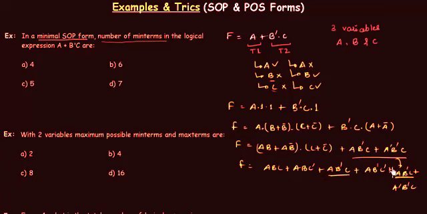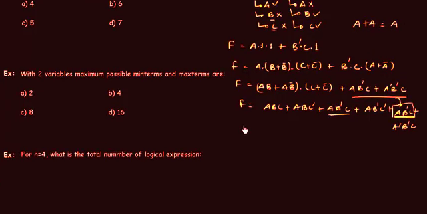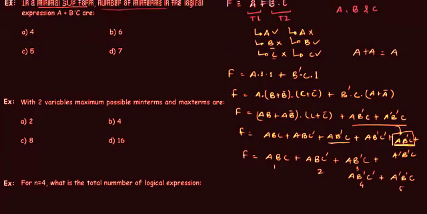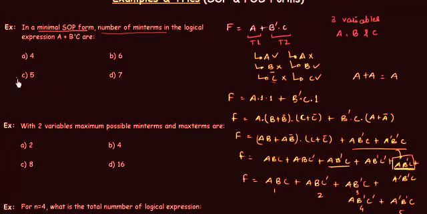So we will eliminate this AB complement C. There is no need to write it 2 times because you already know A or A is equal to A. So we are using this property of Boolean algebra, and finally we will have our canonical form as ABC or ABC complement or AB complement C or AB complement C complement, and finally A complement B complement C. So how many minterms are there? 1, 2, 3, 4, 5. So we have 5 minterms in the canonical form, and the answer is option number C.